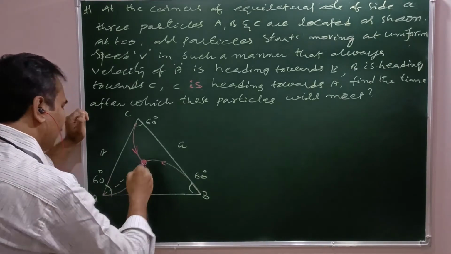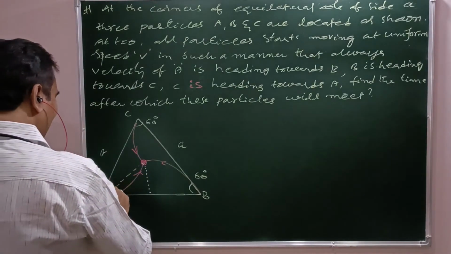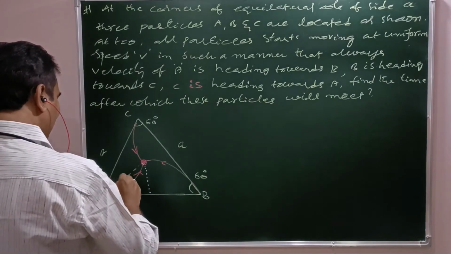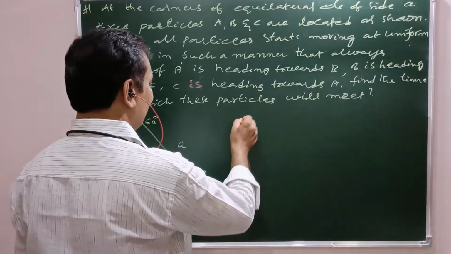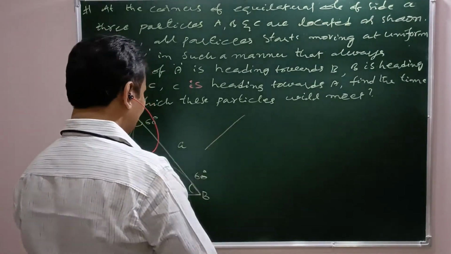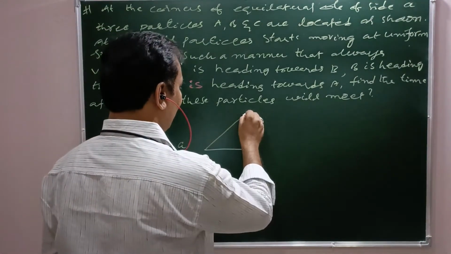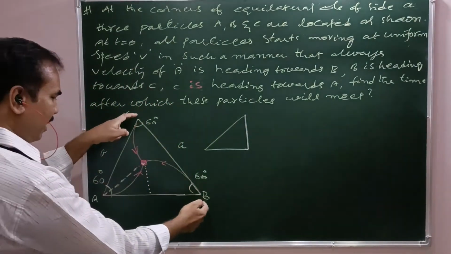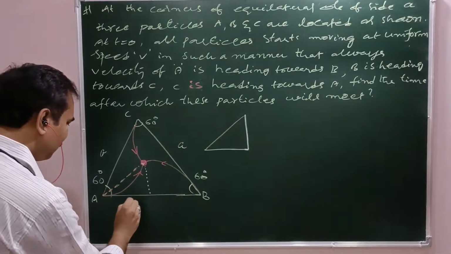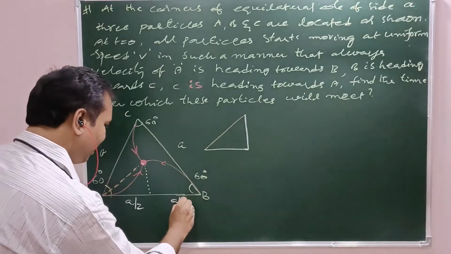You will have one right angle triangle. What is that right angle triangle here? This is the right angle triangle. Now what is the side? Let the side be a. Here this is a by 2, and this is also a by 2.